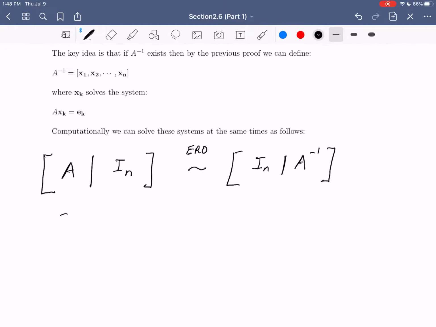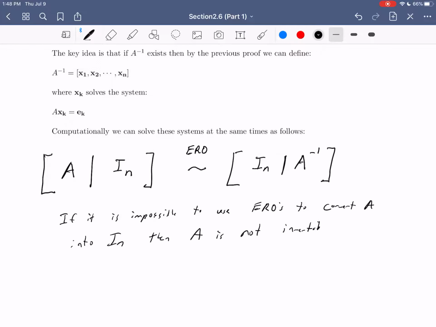If it is impossible to use EROs to convert A into the identity matrix, then A is not invertible. How do we know that?